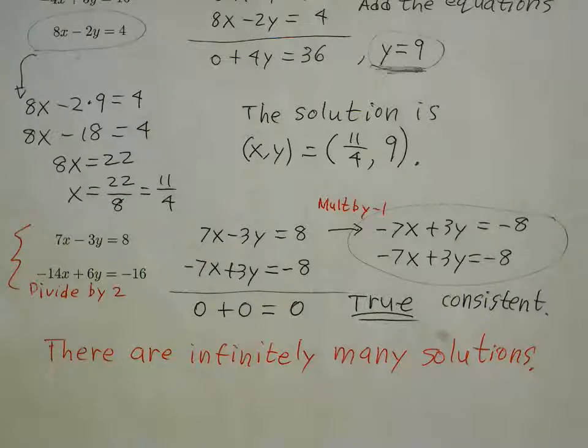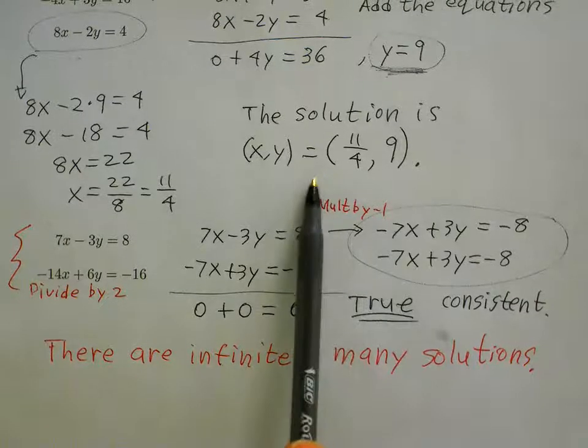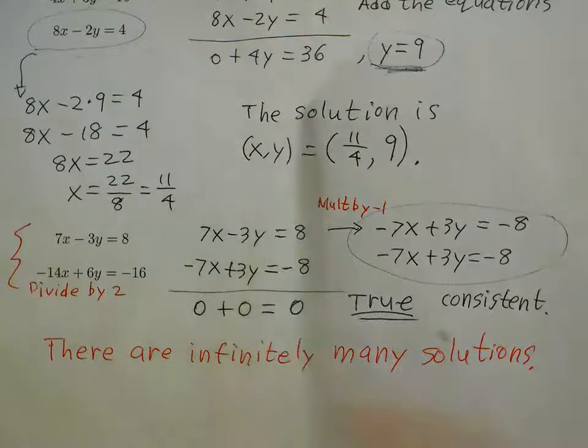The three outcomes for a system of two linear equations are: exactly one solution, like our first example up here; infinitely many solutions, like the second one; or no solution. If there is no solution, then the two lines are parallel, meaning they have the same slope but different y-intercepts, and they never intersect. That's why there's no solution.